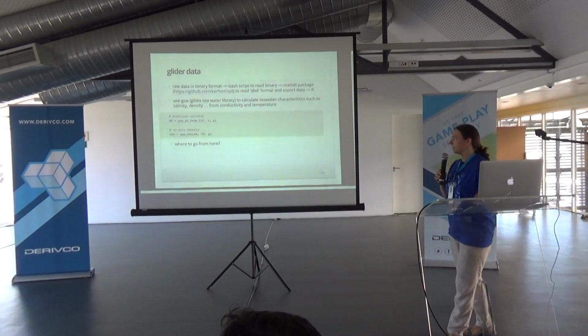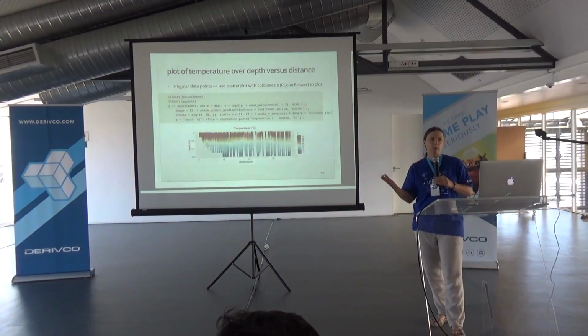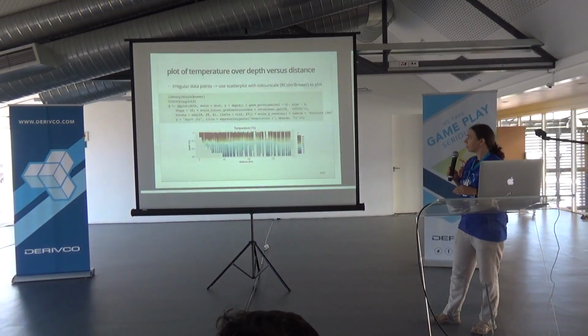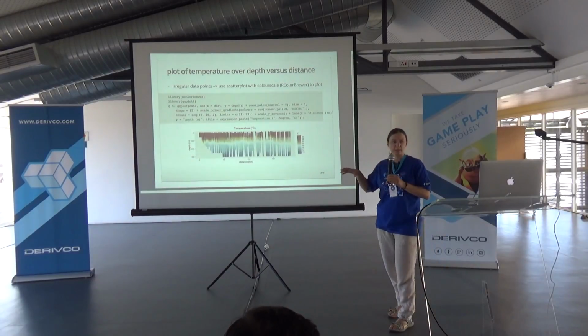But the question is then, when I have that, where can I go to get graphs, maybe for publication. So I just want to show you an example here of temperature data.